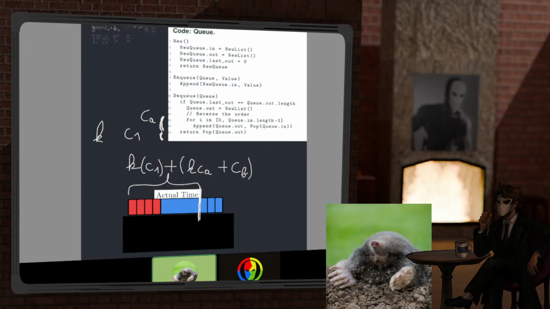But it is interesting to observe that these two Ks are the same. So what if instead we rewrote this as simply being k times (C1 plus CA) plus CB.